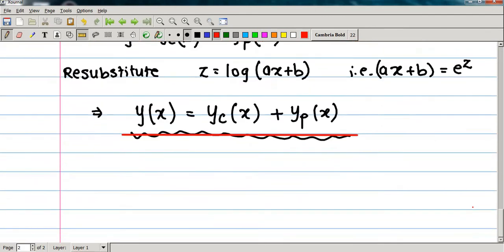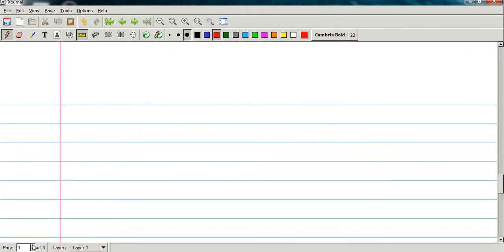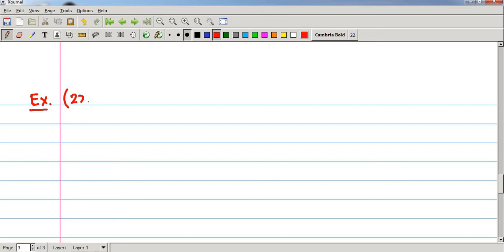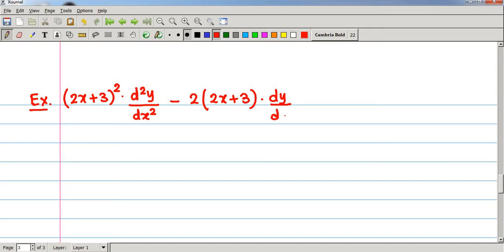So let's take one example on Legendre's differential equation. The example we take is (2x plus 3) square into the second order derivative of y with respect to x minus 2 times (2x plus 3) into the derivative of y with respect to x minus 12 times y is equal to 6x.